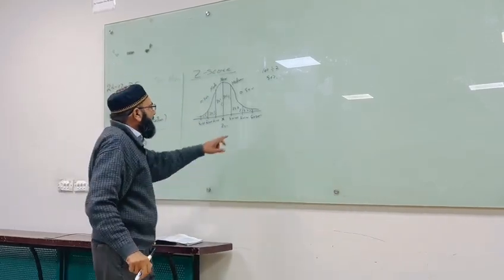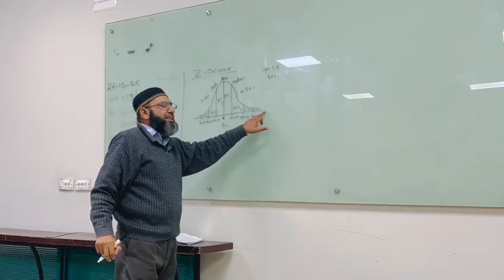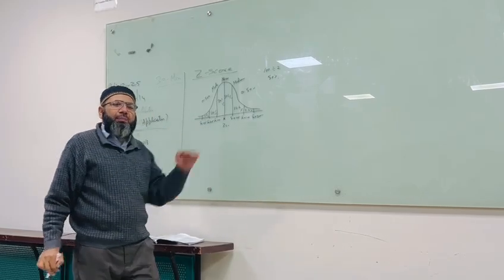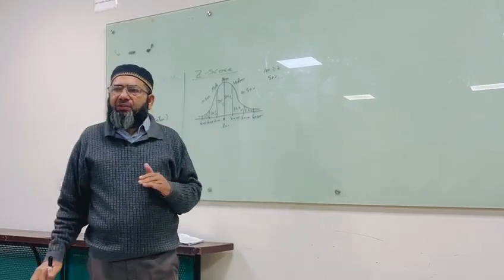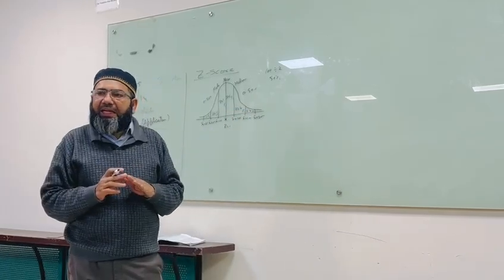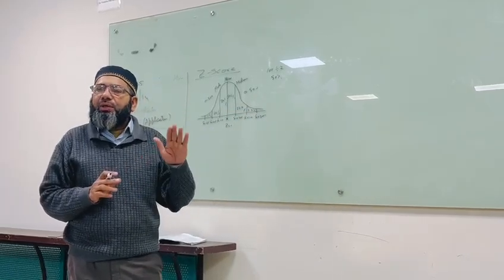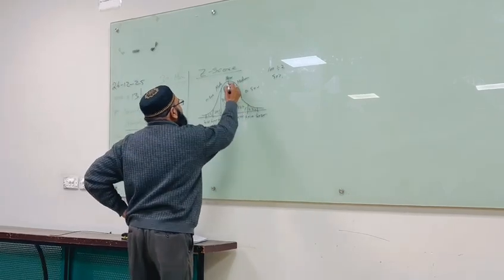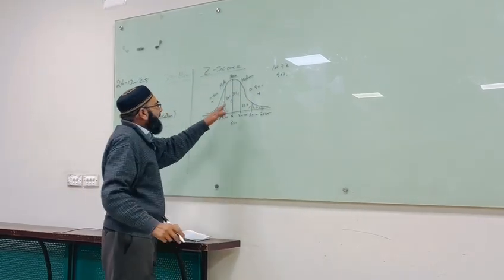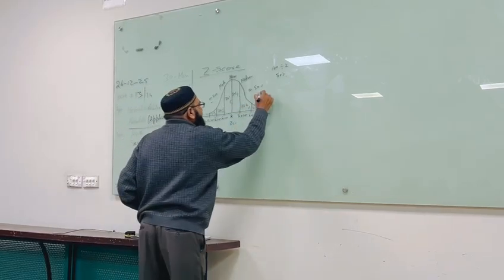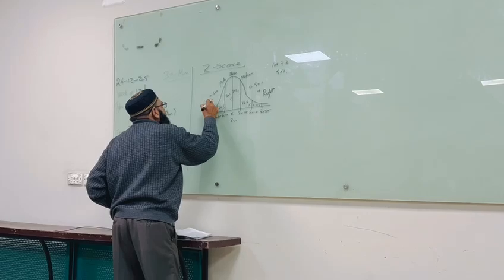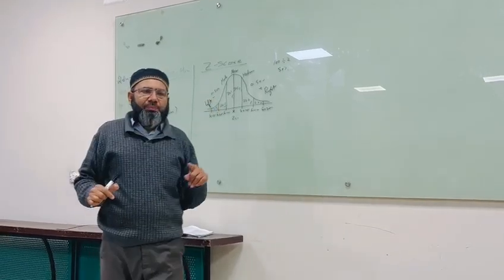But the curve does not cross or touch the x-axis line, it stays above the line. So it is not exactly 100%, it is near to 100%. So this half side is the positive side and this the negative side, but it shows the right side and the left side, not a negative or a positive.